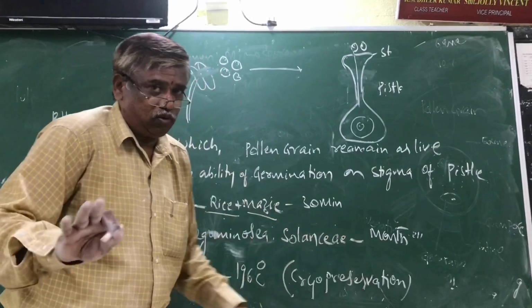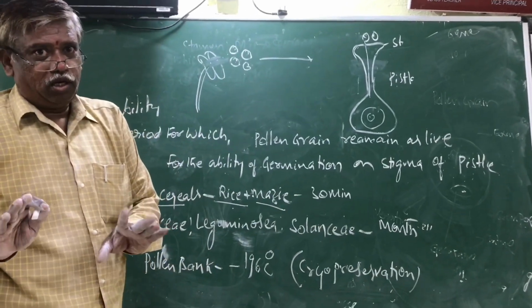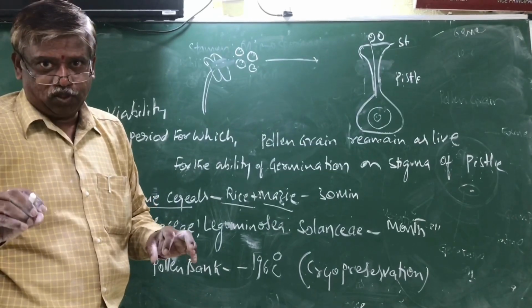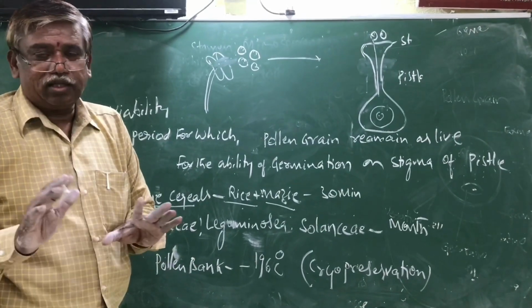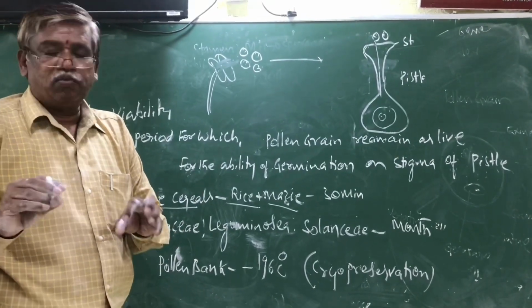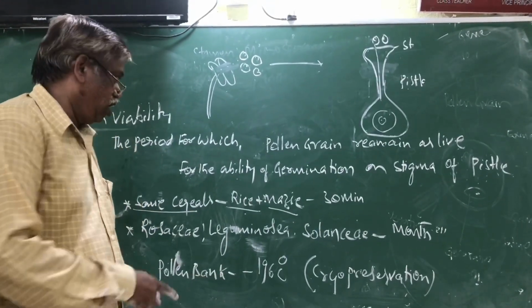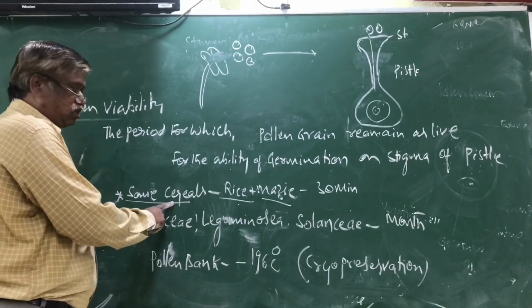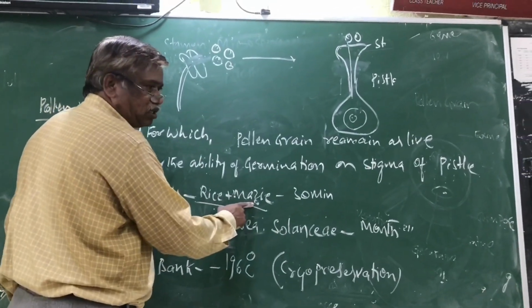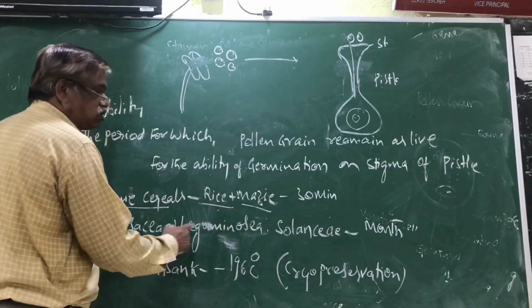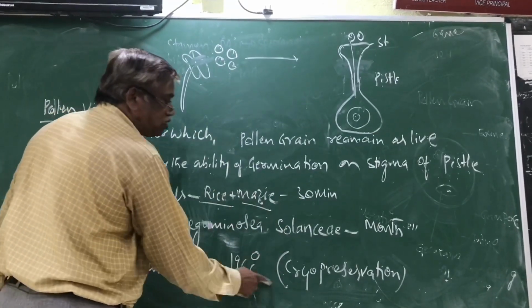Be careful, this is the exception. Keep it in your mind for NEET purpose and CET purpose. Generally, in theory examination, they will not ask. But if it is asked, we cannot miss it. Some cereals, rice and maize: in these two plants, pollen viability is 30 minutes. In these three families, pollen viability is months.